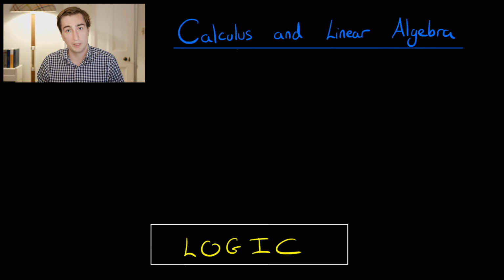Once we've built this framework of logic, the next thing we want to do is play around with some objects, right? What are the most basic objects that we can start talking about on which logic can be imposed? The most basic objects in mathematics are the things that have no structure on them, and that would be just a collection of objects. Those collections of objects can be grouped together in any sort of way.